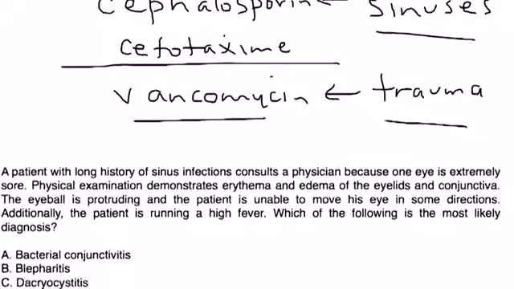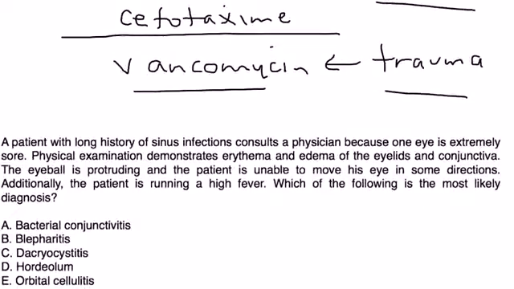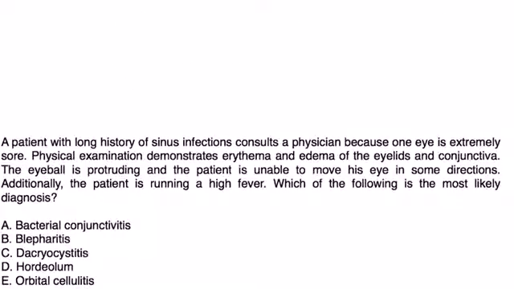So, let's take a look at some vignettes and see what this looks like. A patient with a long history of sinus infections consults a physician because one eye is extremely sore. Physical exam demonstrates erythema and edema of the eyelids and conjunctiva. The eyeball is protruding and the patient is unable to move his eye in some directions. Additionally, the patient is running a high fever.